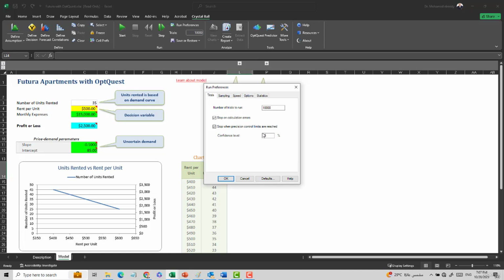So when you measure the trials, when the difference is small enough to be ignored, and the confidence level here can also be changed to maybe 97, 99, and so on. If you don't stop by either, it stops at 10,000 trials. What about the sampling here? Very important: random number generation.